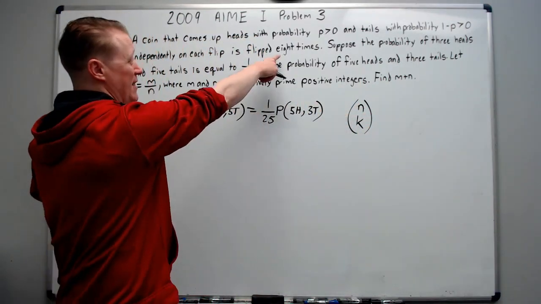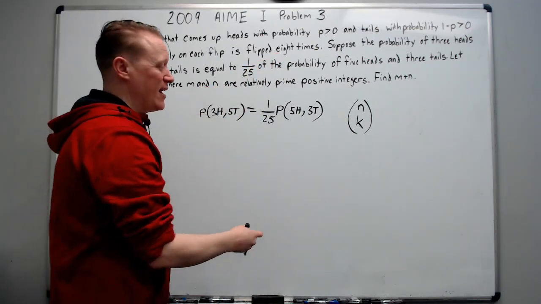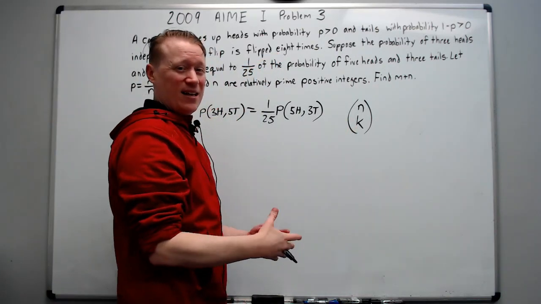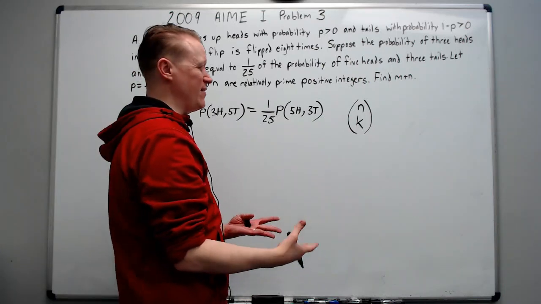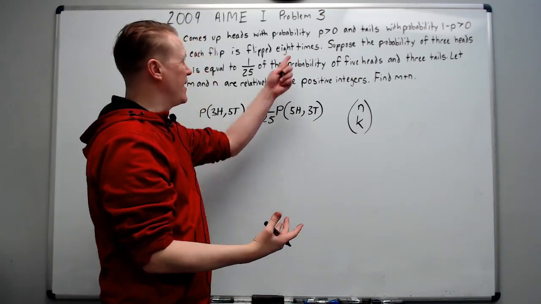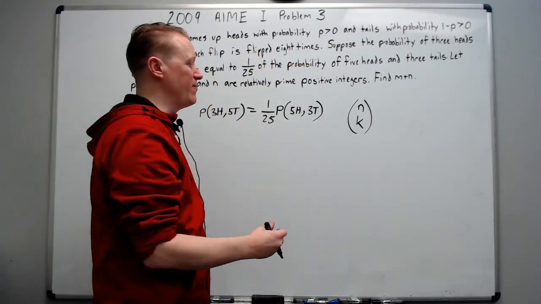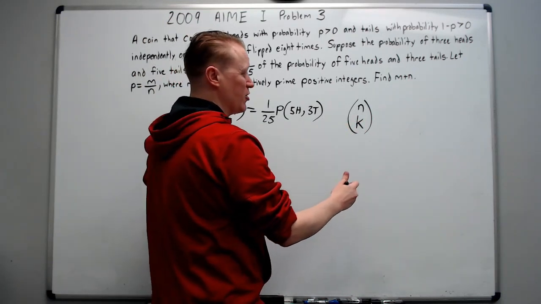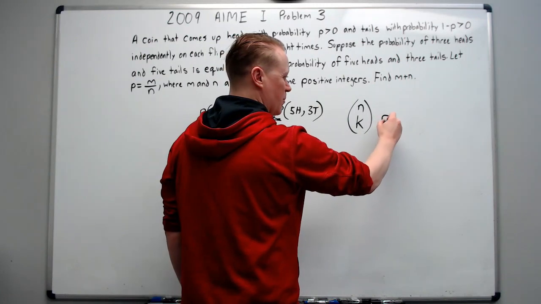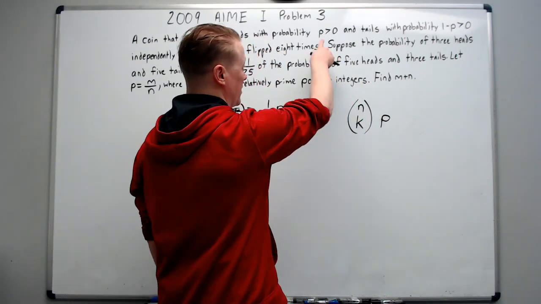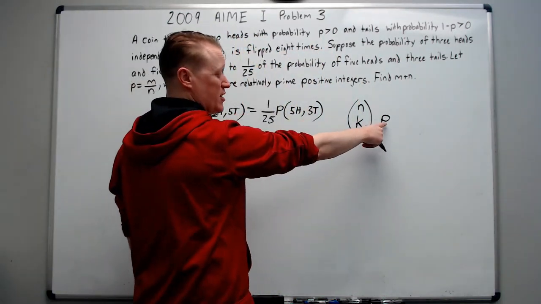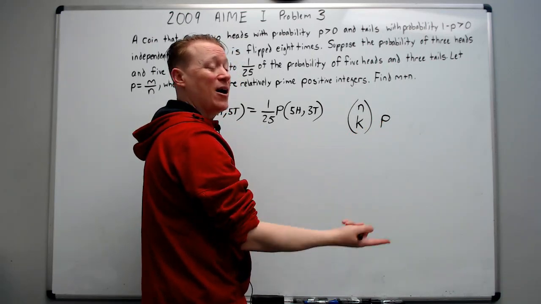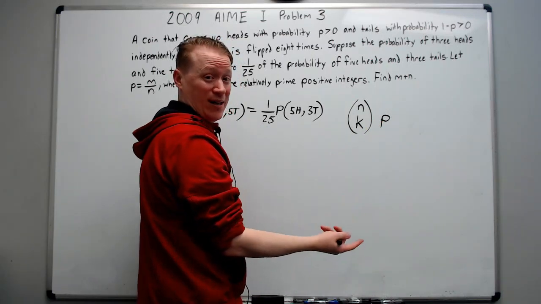So for us, n's going to end up being 8. And we can consider success whatever we want, heads or tails. In this case, I'm going to consider it heads with probability p. So after we say how many successes we want, you're going to multiply that times the probability value for heads, which is p, to a power of how many successes you want.